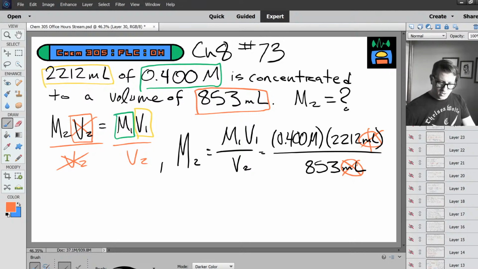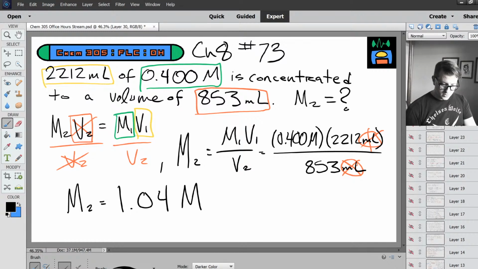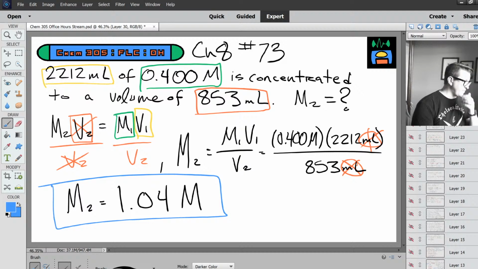All right, so let's calculate our final concentration. 0.4 times 2212 divided by 853. We've got to round to 3 significant figures, so that'd be 1.04 molar after concentrating it.